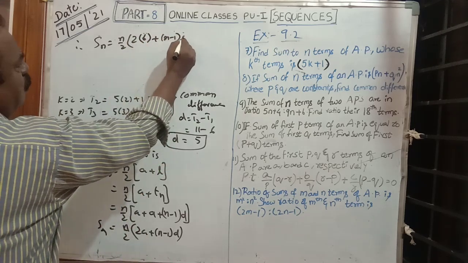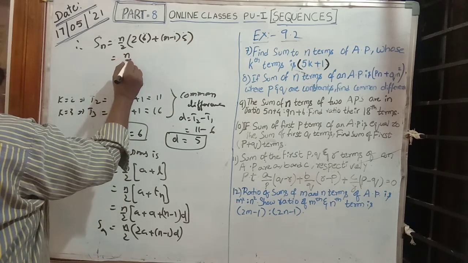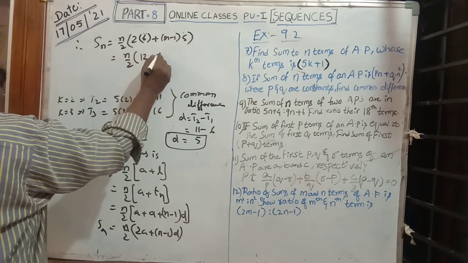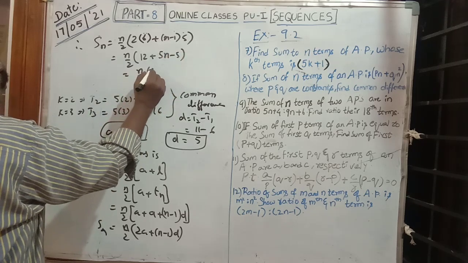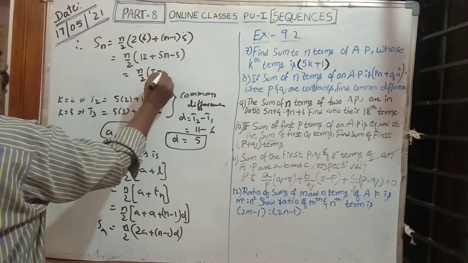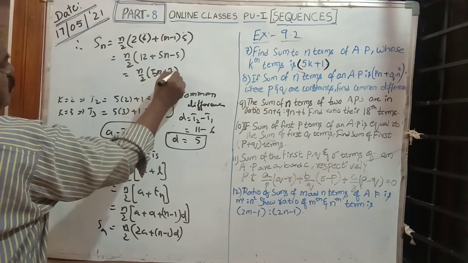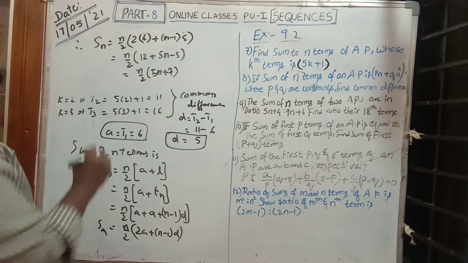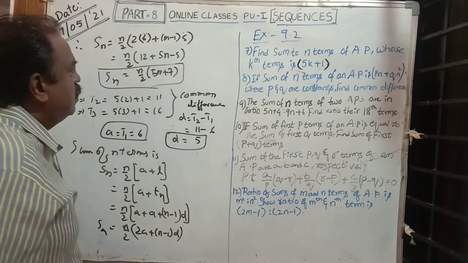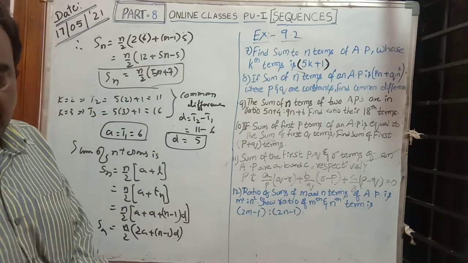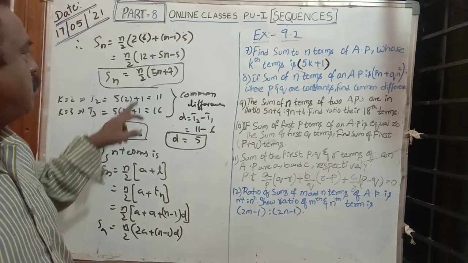D is 5. It is n by 2 of 12 plus 5n minus 5. That is n by 2 of 5n plus 7. Will you agree? So Sn is equal to n by 2 of 5n plus 7.